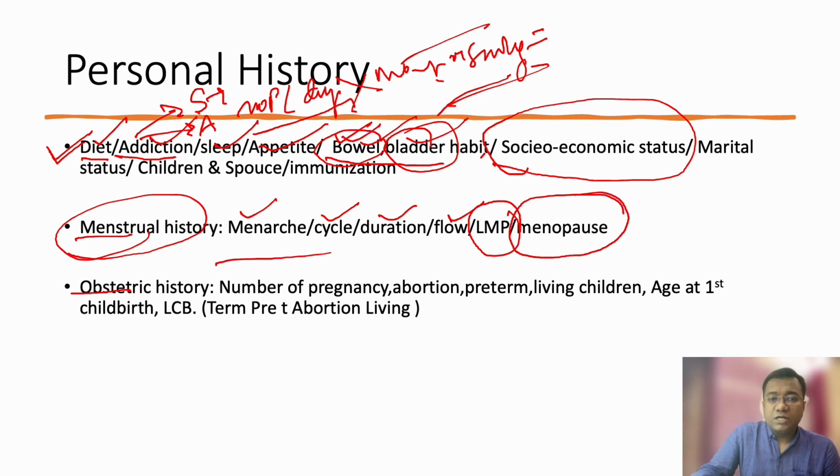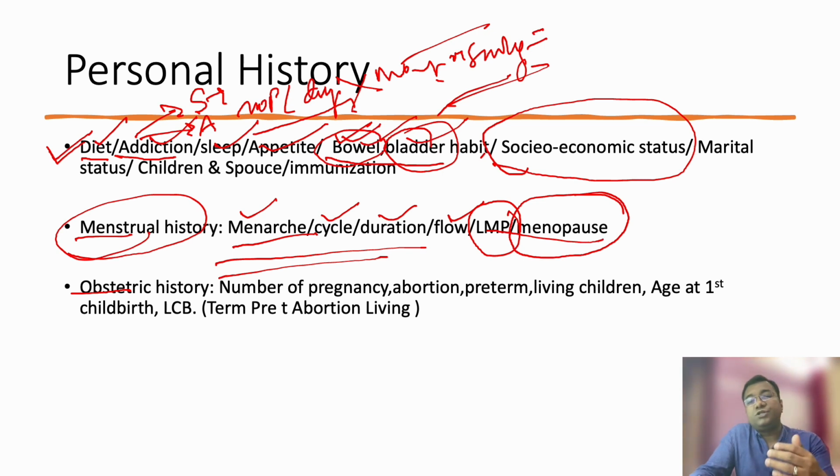These are very important when dealing with diseases with a hormonal predisposition, like breast cancer. We know early menarche and late menopause, that is the total duration of exposure to estrogen, will increase the chance of carcinoma breast. That is why menstrual history is important.